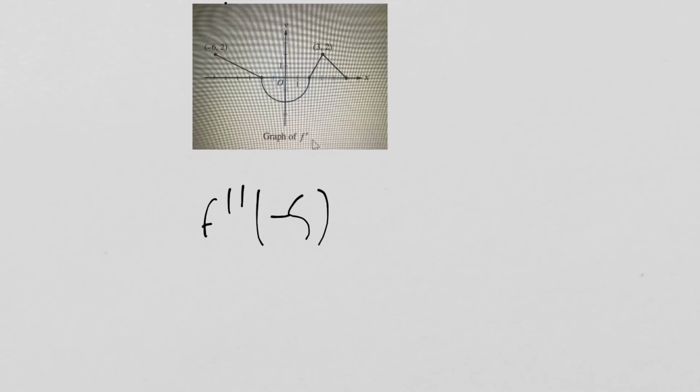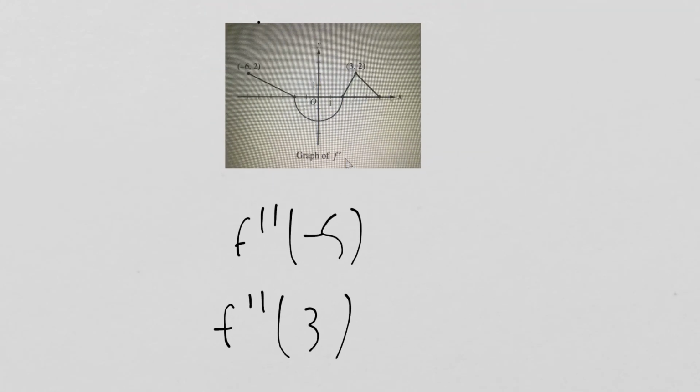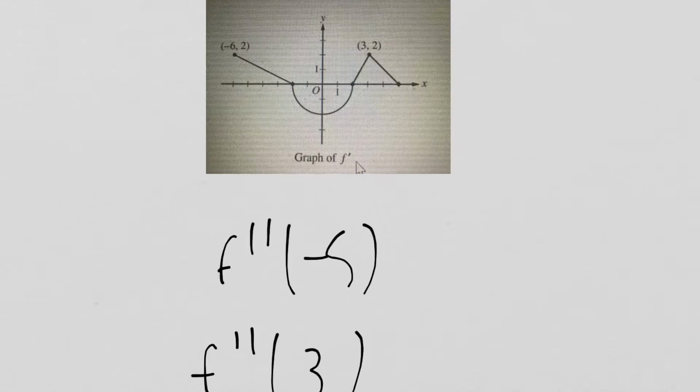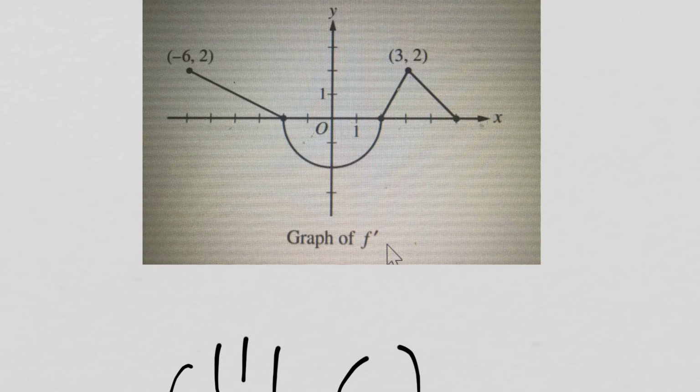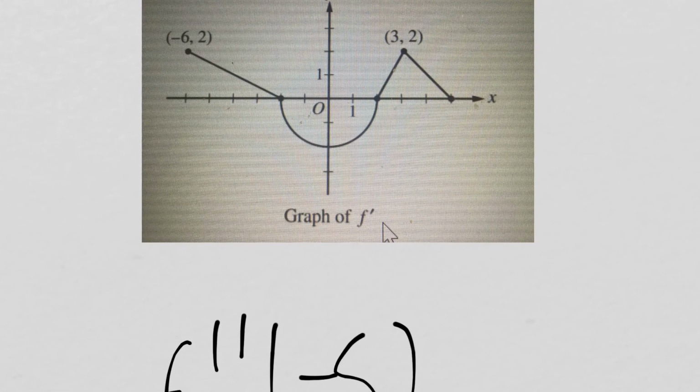Okay, finally, we are looking for f double prime -5 and f double prime 3, or we're going to say why they don't exist. So -5 is right here. This is a graph of f prime, so f double prime is going to represent the slope of f prime.